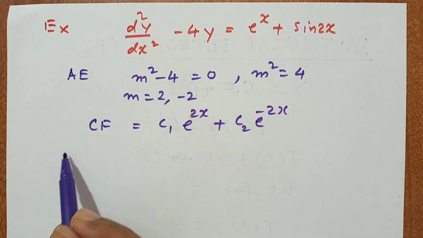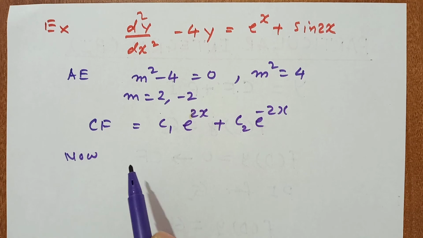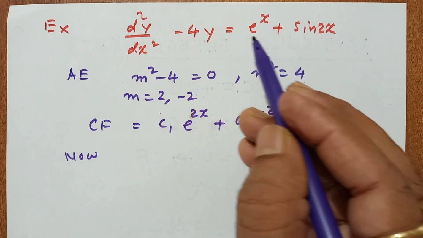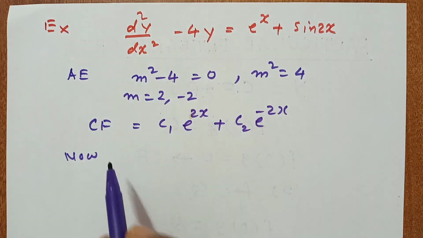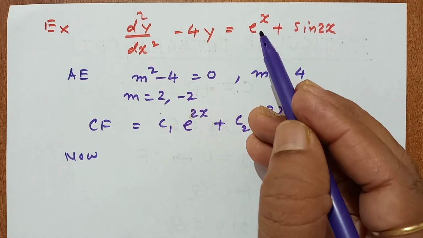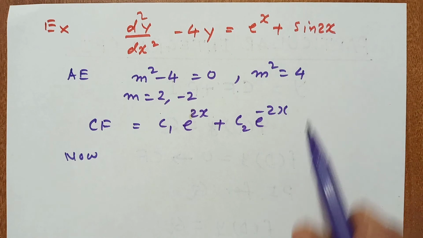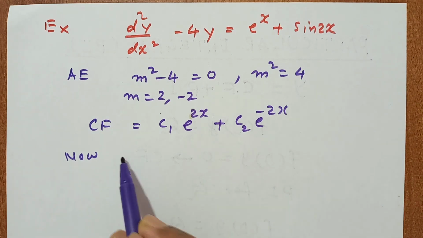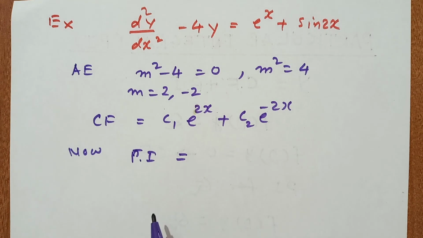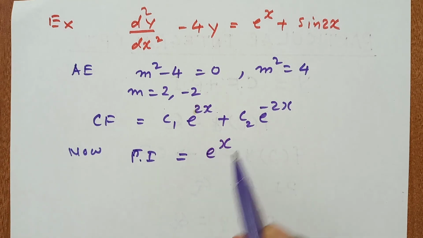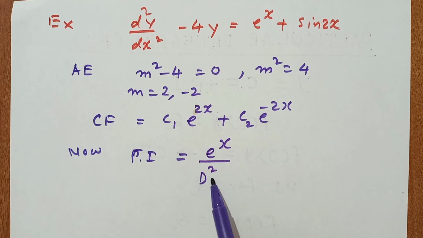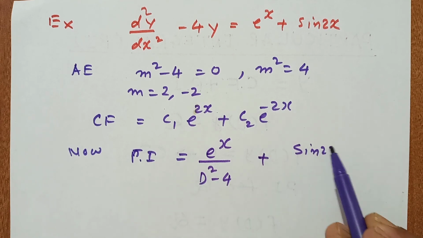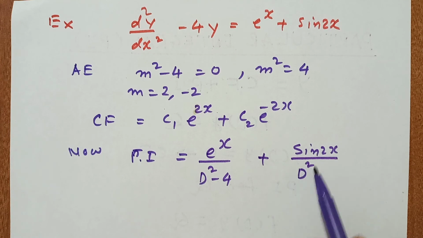Now the particular integral. The particular integral Q has two parts. So first we calculate e to the power x and then sine 2x, or as you like, you can calculate both. So the particular integral is e to the power x upon D squared minus 4 plus sine 2x upon D squared minus 4.